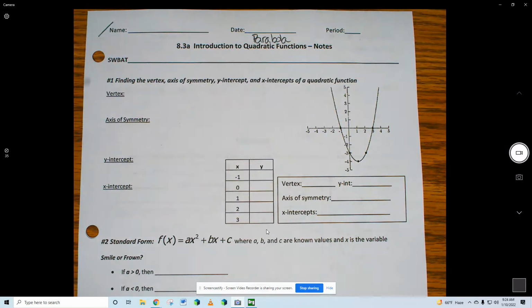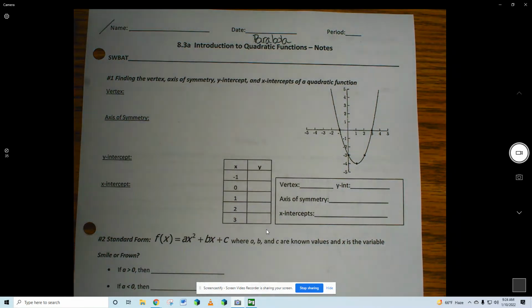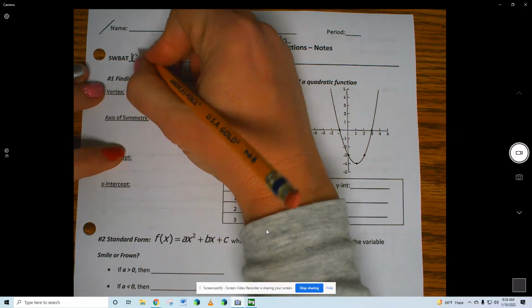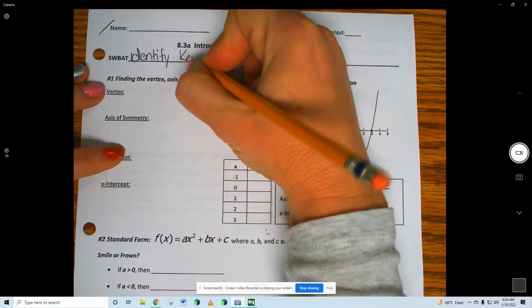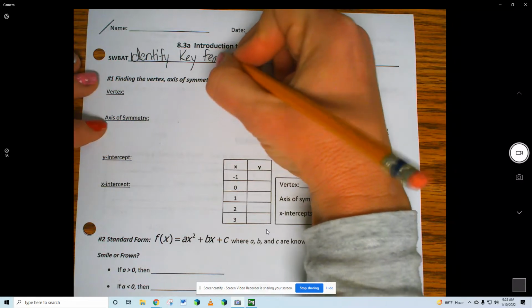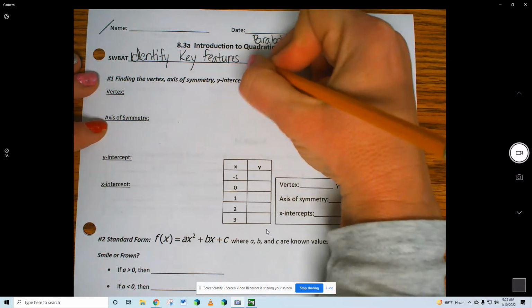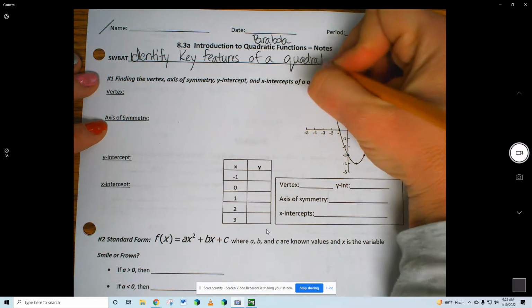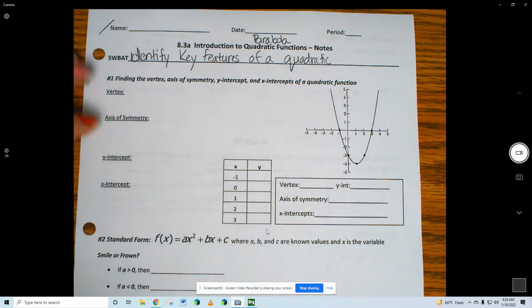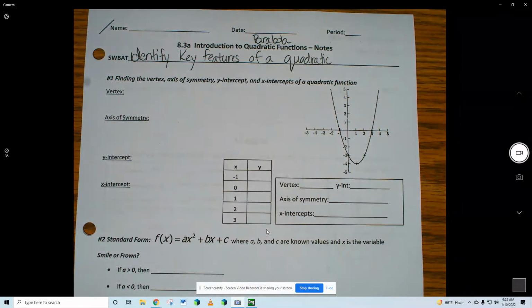And our SWBAT, that means students will be able to identify key features of a quadratic. So, number one, let's look at these words.